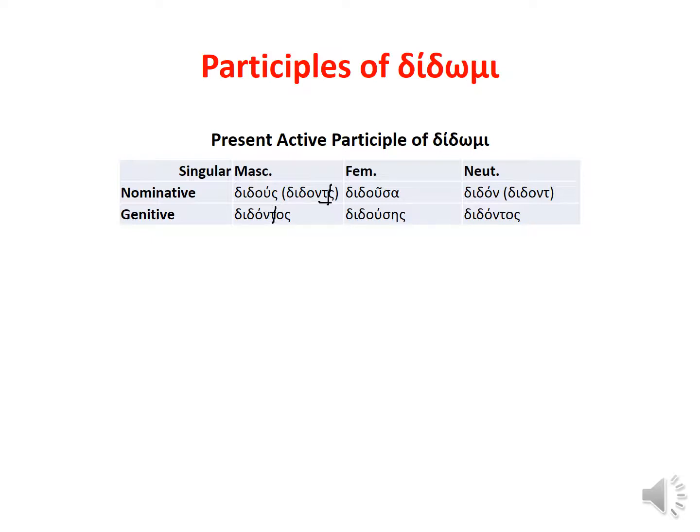So what happens because we have a nu tau followed by a sigma in the nominative? Nu tau followed by sigma drops. And when that happens, the word begins to feel inadequate, small. And so it hits the gym, it works out, and it develops a diphthong that's just a little bit lopsided. So you end up with didous there. And in the neuter, we of course have no ending in the nominative, and a tau at the end of the word drops, and that's how you end up with didon.